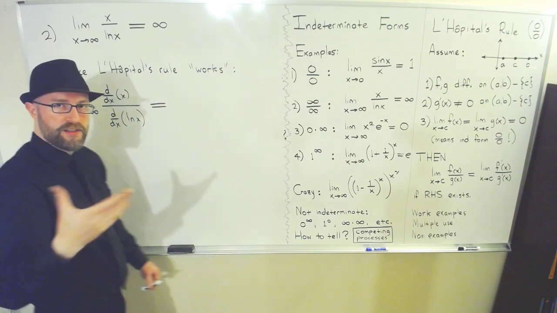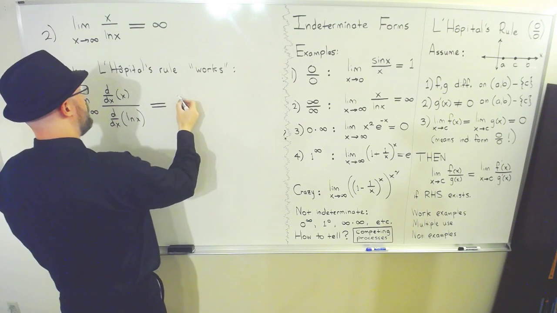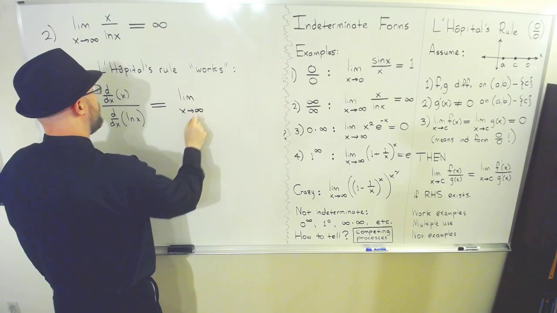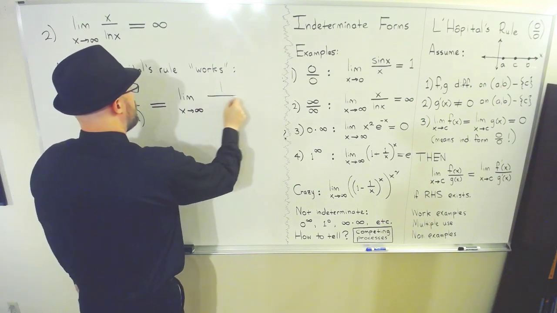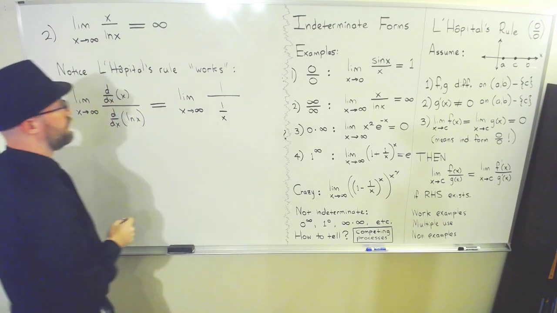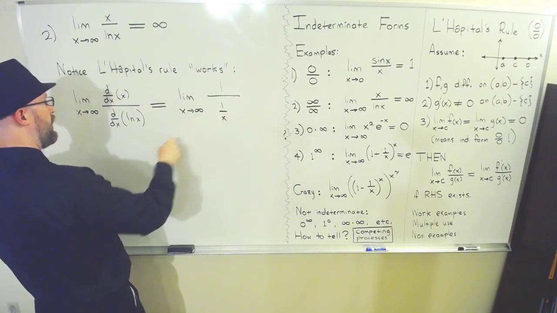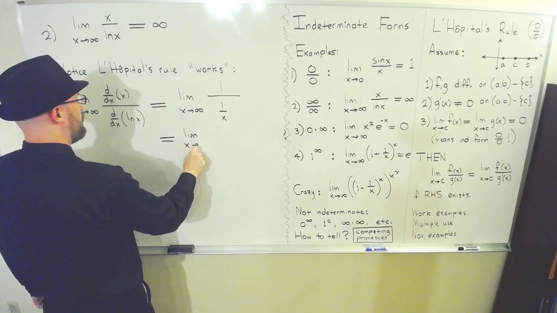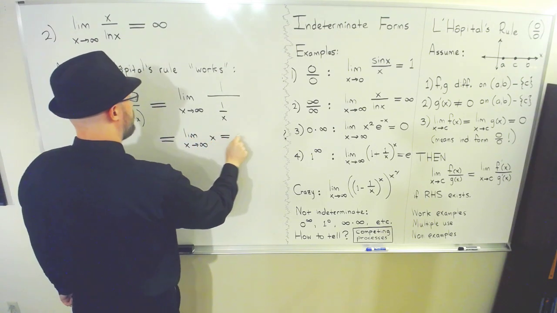I just haven't really explained to you why it's valid. I'm just showing you. So this is the limit as x goes to infinity of 1 over 1 over x. And so that flips over, and so this is the limit as x goes to infinity of x, which is, of course, infinity.